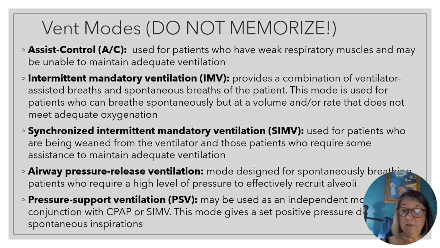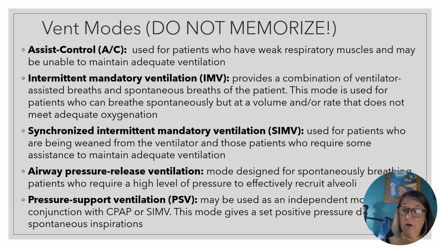These are vent modes on our next slide. Do not memorize this. Just know that a vent can either fully breathe for a person, doing all the breaths, set on a set rate, doing all the things. Or you can set a vent to where I'm doing most of the breathing, but let's say I miss a breath or I don't breathe in deeply enough, then my vent will kick in and breathe for me, will oxygenate adequately for me. So there are all different modes on the vent.